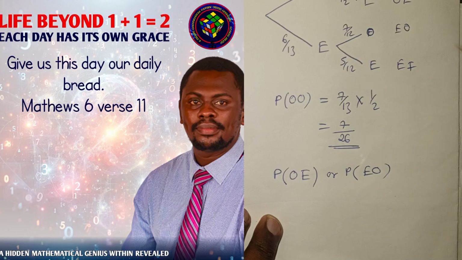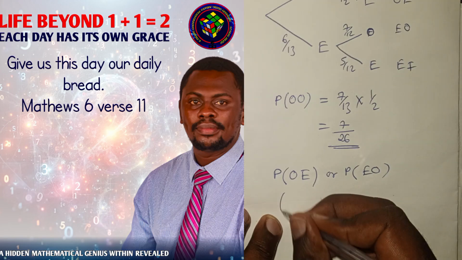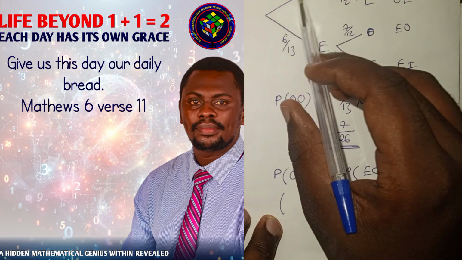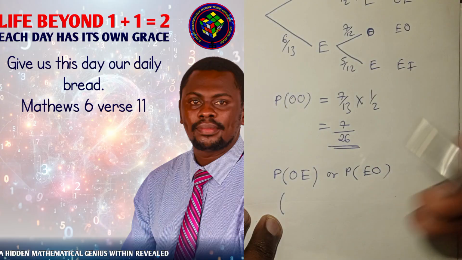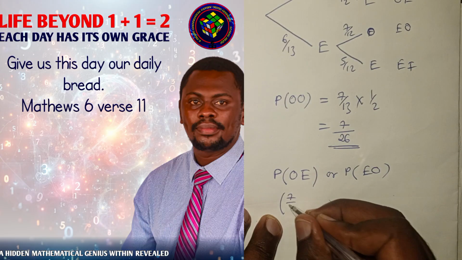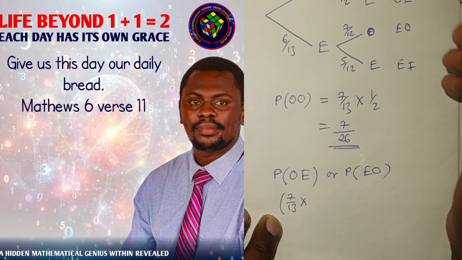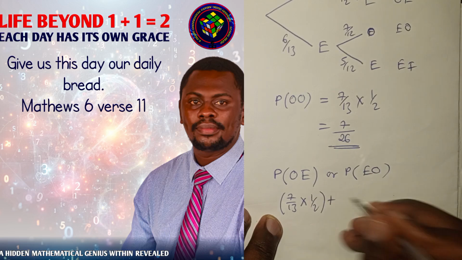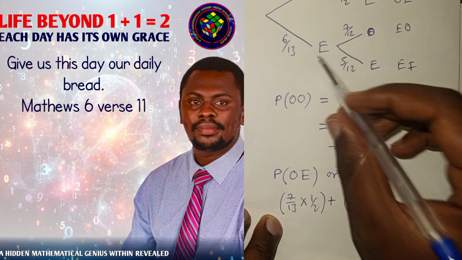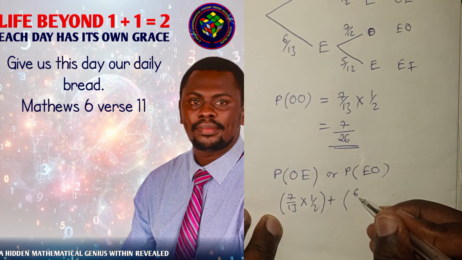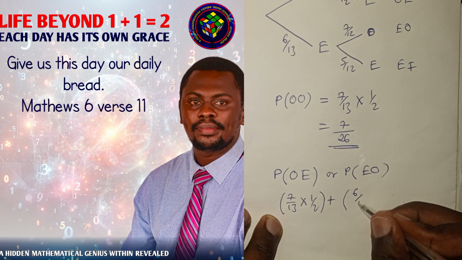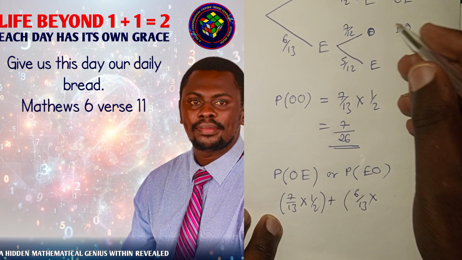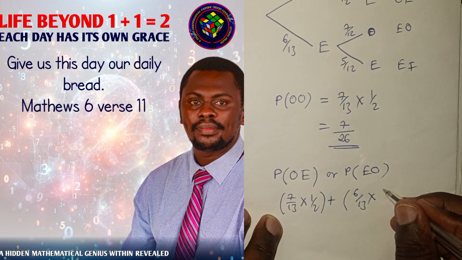So P of OE, odd number is 7 over 13. So we have 7 over 13 times even number there is 1 over 2, plus even number there is 6 over 13, times odd number there is 7 over 12.